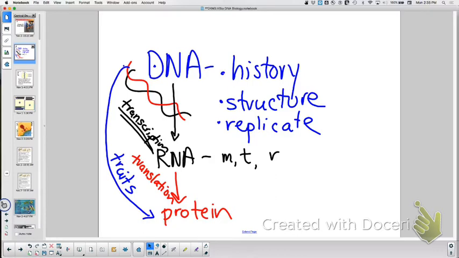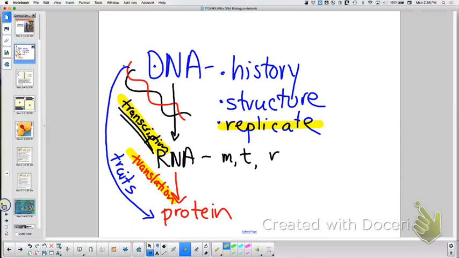This is what you for sure need to know: the terms transcription and translation. In translation, you're using the RNA to build a protein, right? And to have any RNA, you have to do transcription. DNA making more DNA is called replication, just making a copy of it.